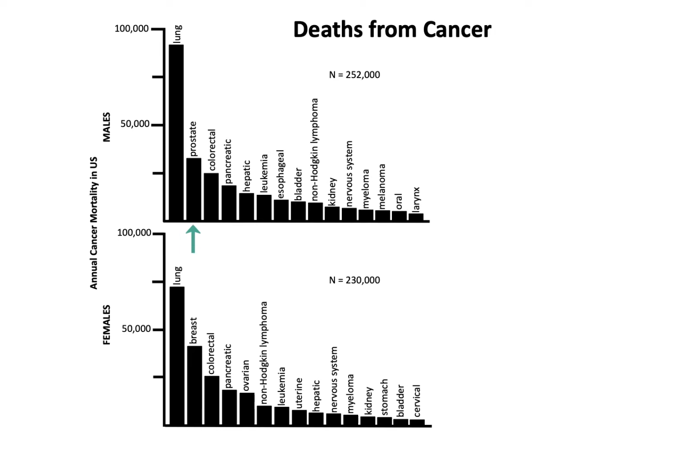For males, then prostate, colorectal, pancreatic, hepatic, and then a leukemia. For females, lung cancer is still fairly high. Again, most of that is related to smoking and other environmental exposures. And then secondly is breast, and then colorectal, pancreatic, ovarian, etc.